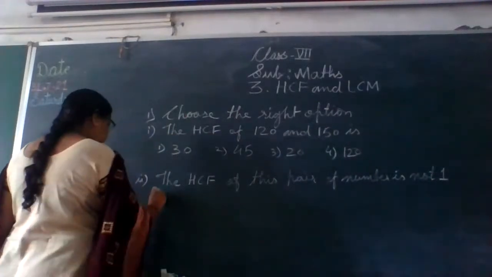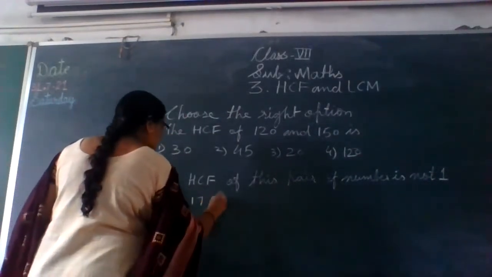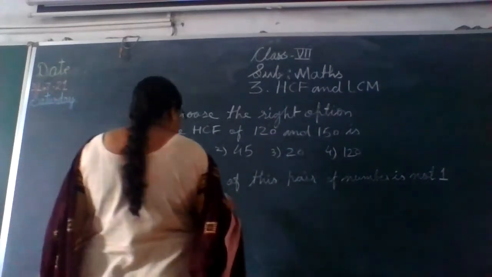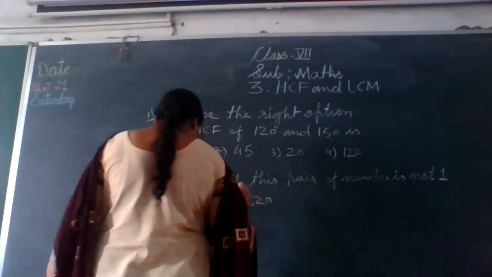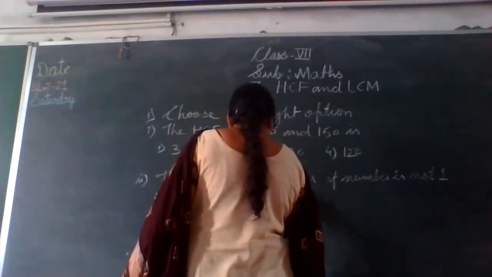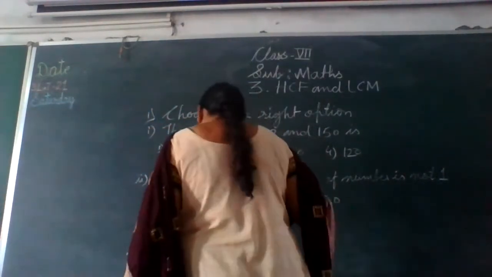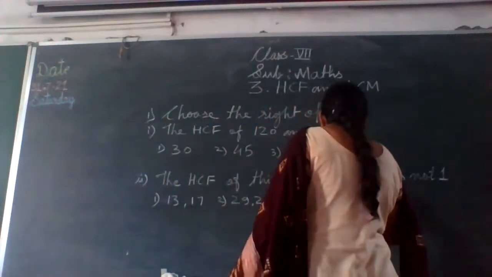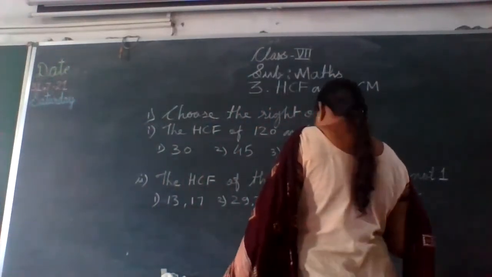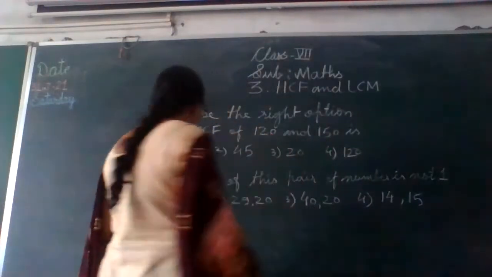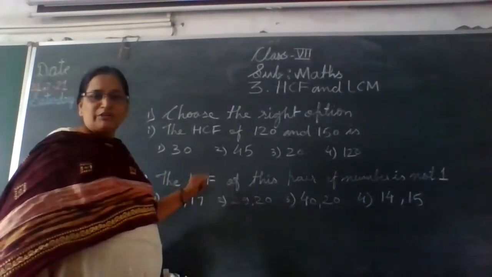And the options are: first 13 and 17, second 29 and 20, third 14 and 20, and the fourth one 14 and 15. Now see beta, you have to choose the correct answer from the given four.